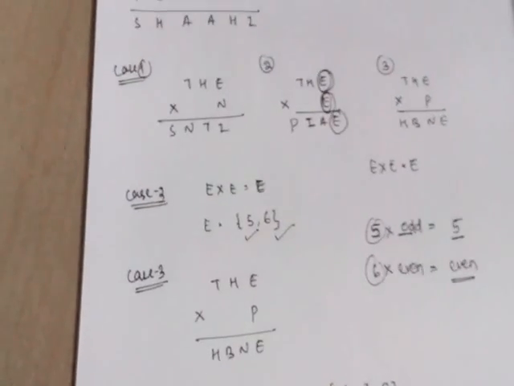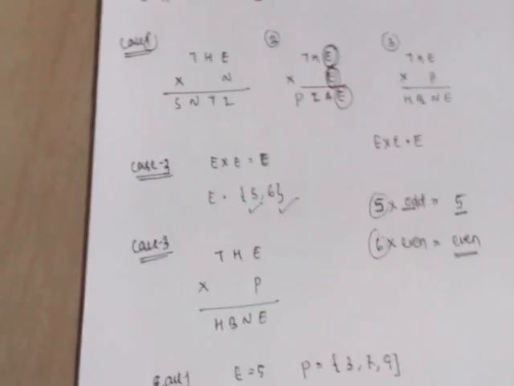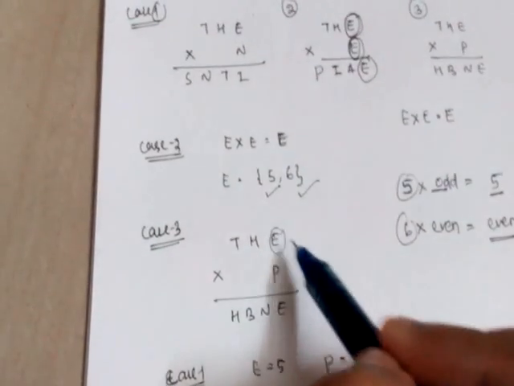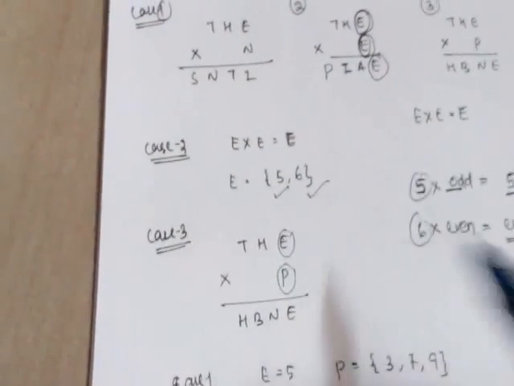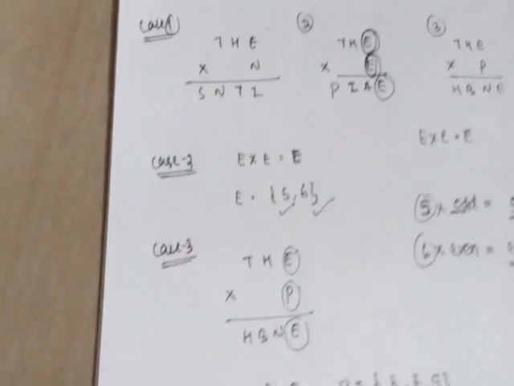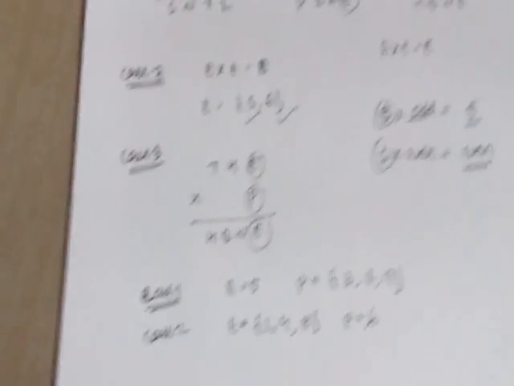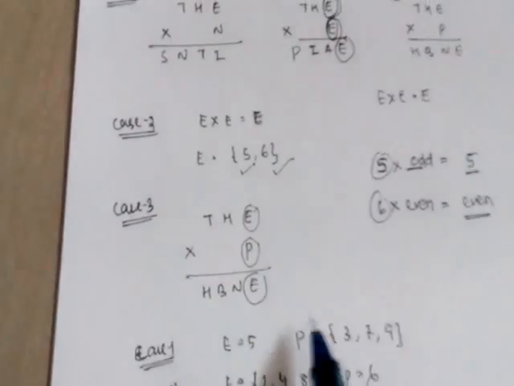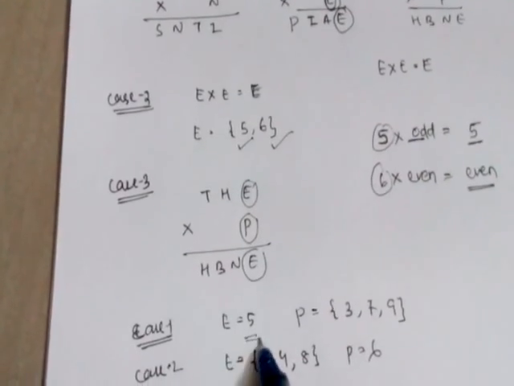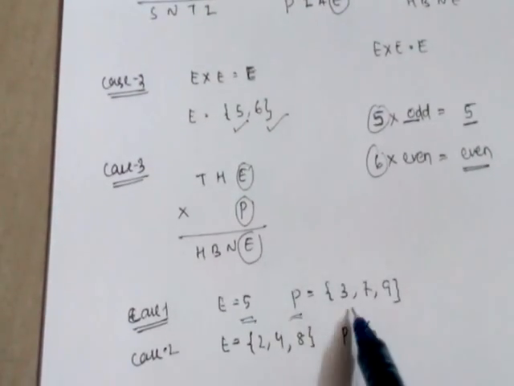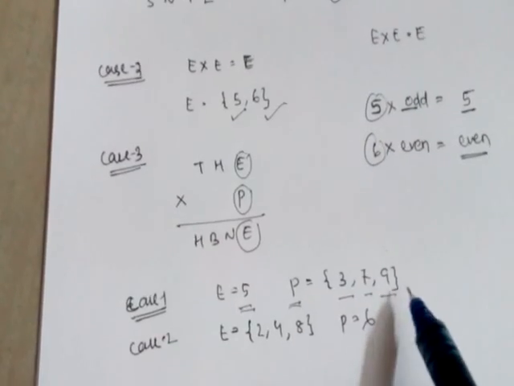Let's take case 3. In case 3 you can see that multiplication of E with P gives again the value E. So two cases arise. When the value of E equals 5, the value of P may be 3, 7, 9.